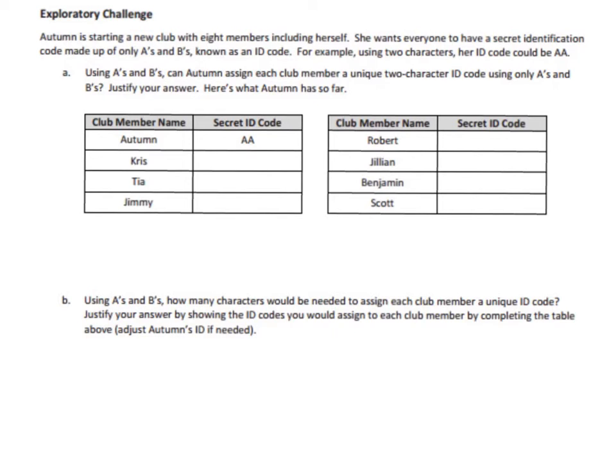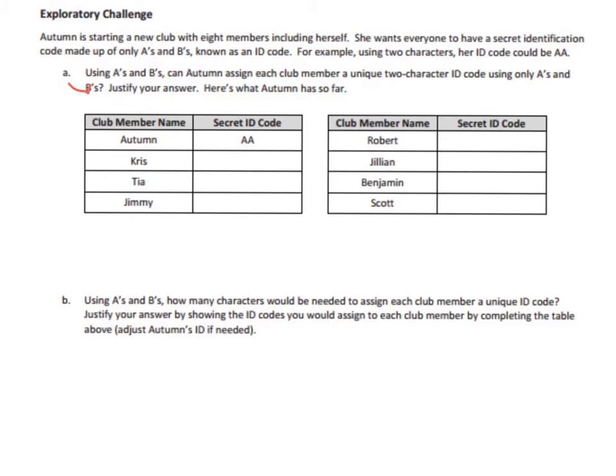Alright, so we got an exploratory challenge. It says Autumn is starting up a new club, 8 members including herself. She wants to assign everybody a secret ID code made out of A's and B's. For example, her ID code is going to be AA. Using A's and B's, can Autumn assign each club member a unique 2-character ID, and then justify your answer.